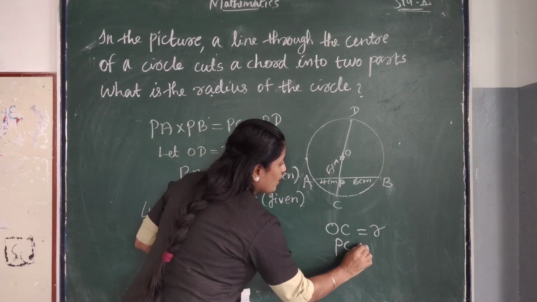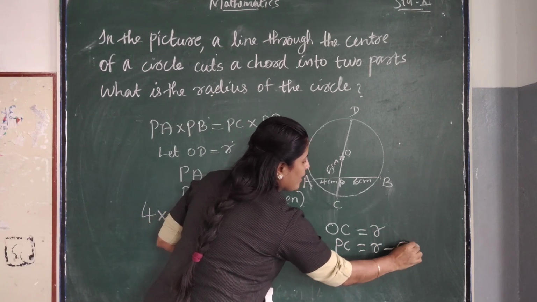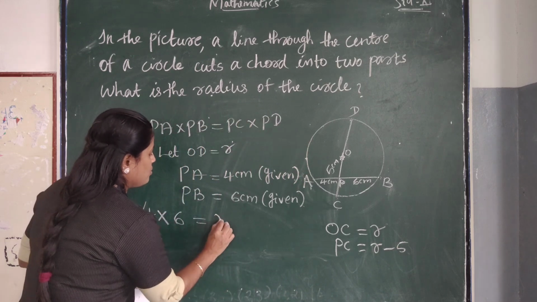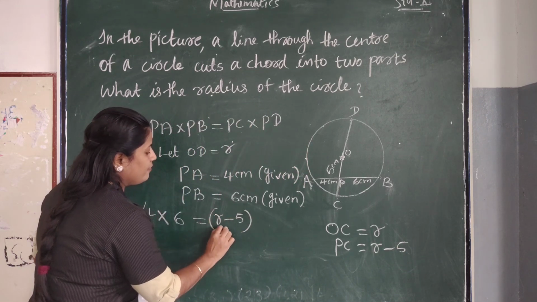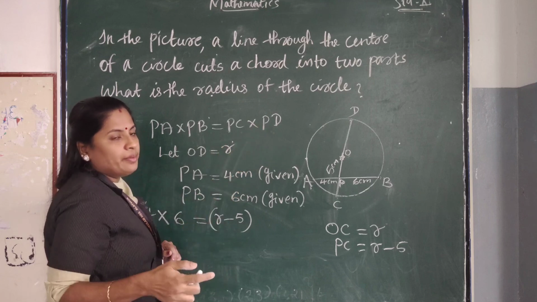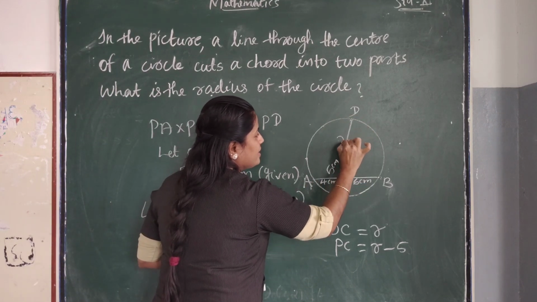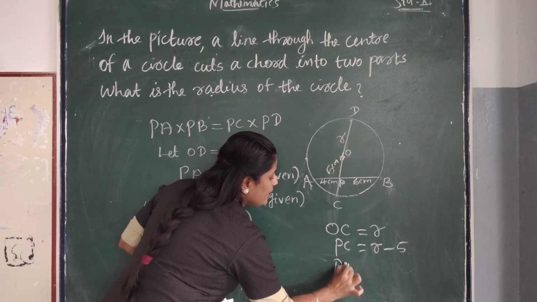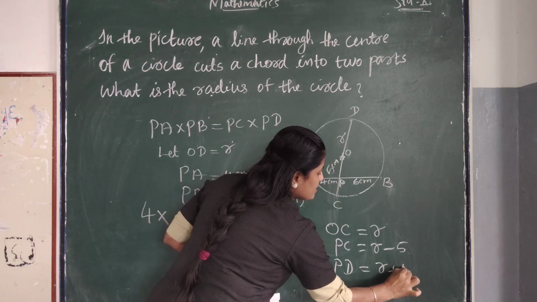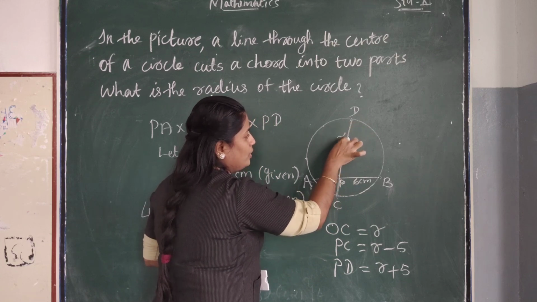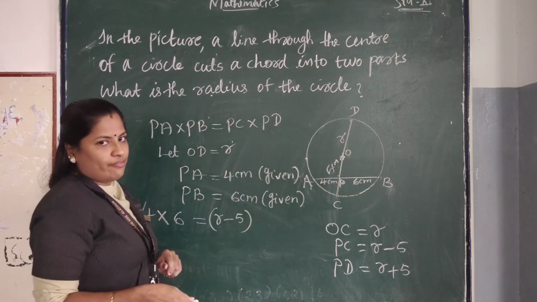So PC equal to R minus 5. Okay. So R minus 5 into PD. PD is P to D. Here it is the radius, so PD equal to R plus 5.